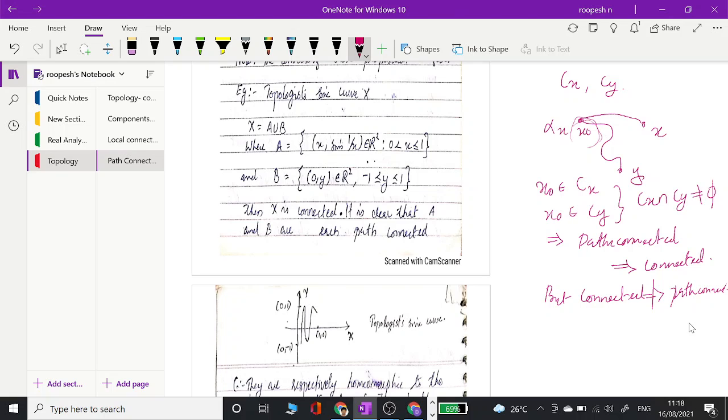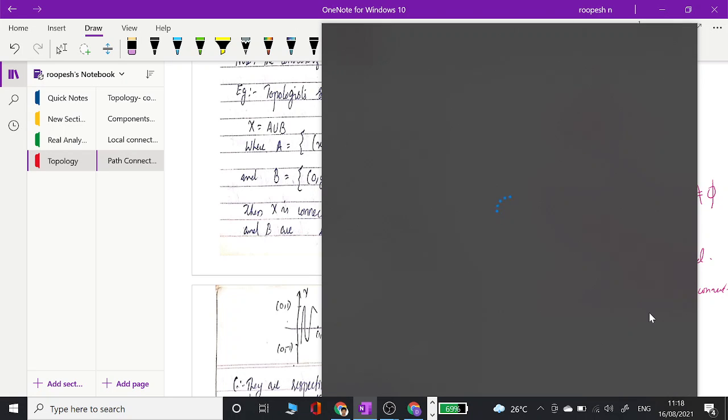In the previous class we have seen that locally connectedness does not imply connectedness. Are you remembering that one? Yes, what was the example? We were given the comb space, right?